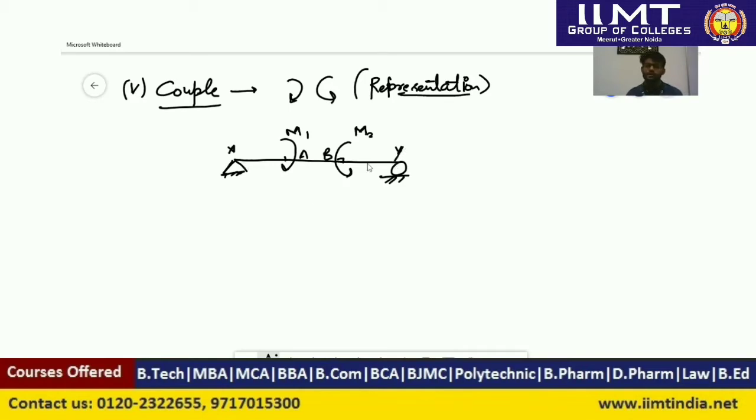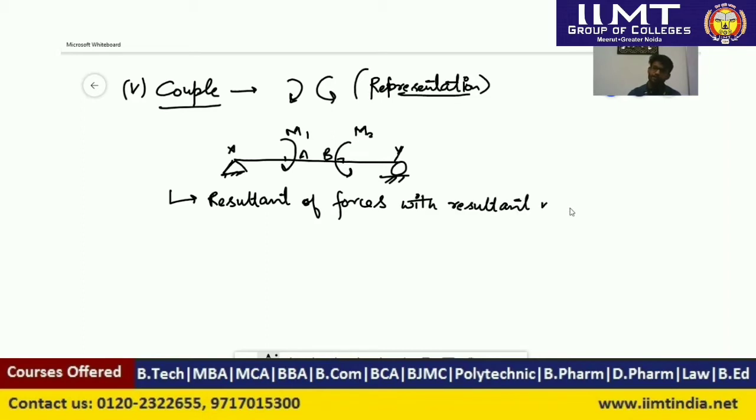This is support X and this is support Y. So couple is basically a resultant of forces with resultant moment. Basically couple is a moment which is acting on a structure or a beam. It is a system of forces.